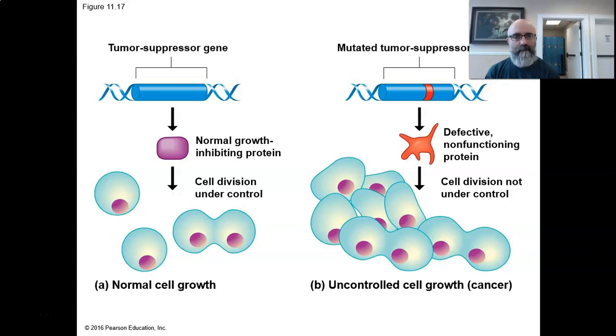And then when that mutated copy is transcribed, some wrong codon gets put in there, and then when the mRNA is translated, the sequence of amino acids is not right. The protein folds up and makes this defective, non-functioning protein that looks kind of like, I don't know, a dinosaur maybe? Like a running dinosaur.